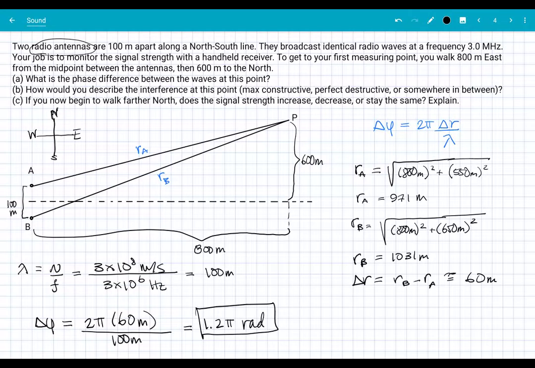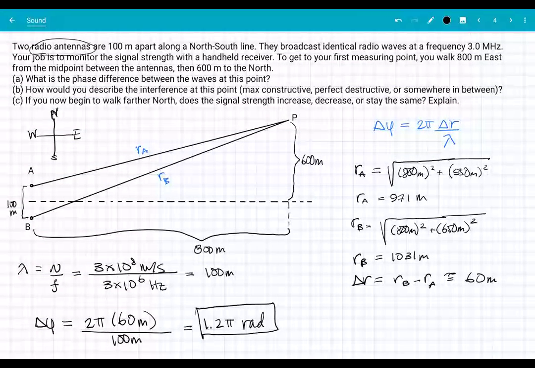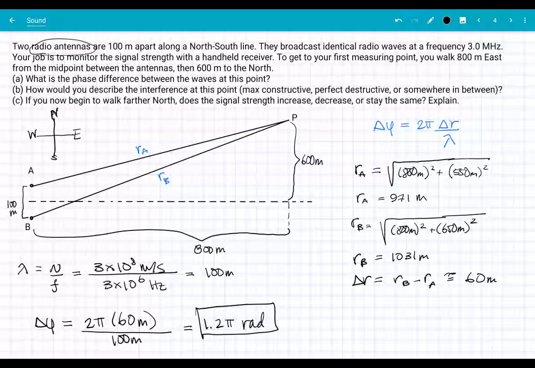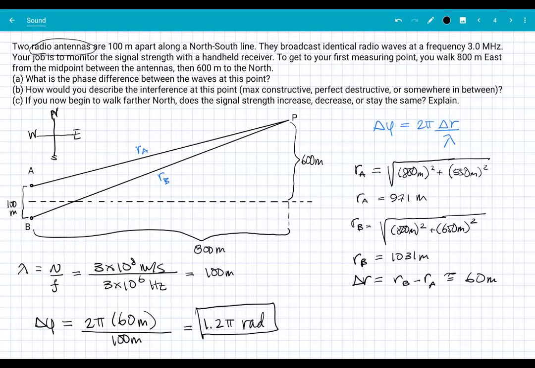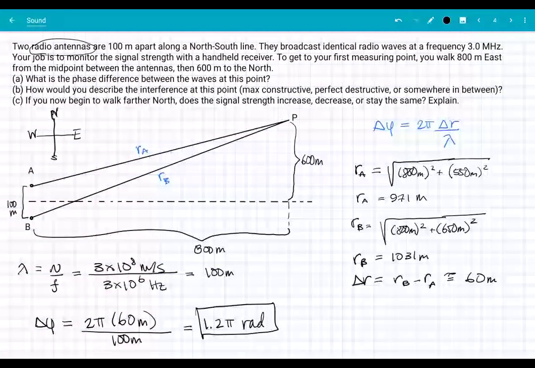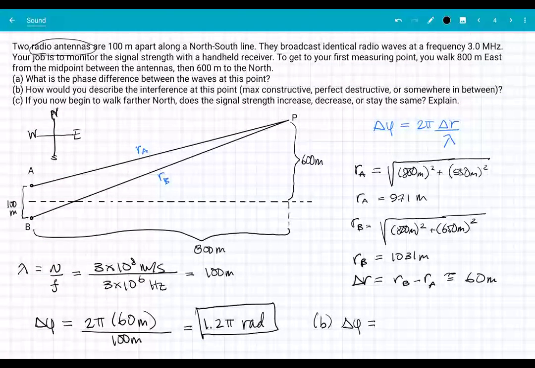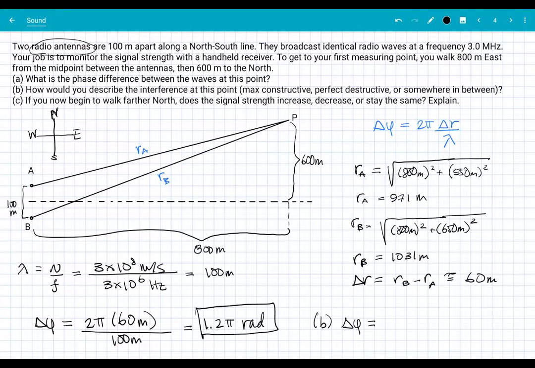Okay. Part B asks, how would you describe the interference at this point? What does that interference look like? Well, we could figure that out by looking at that phase difference, right? A way that I can write this is 1.2 pi radians.